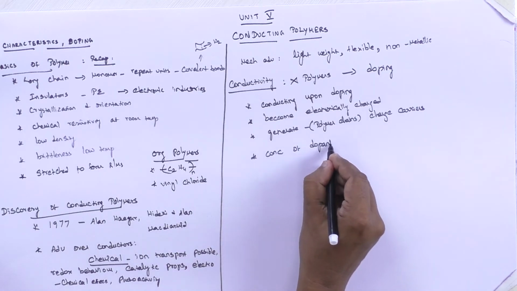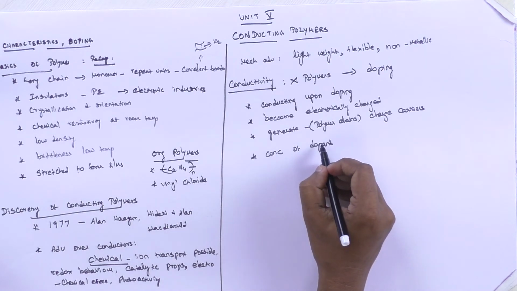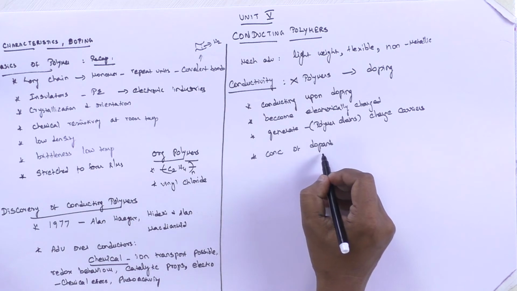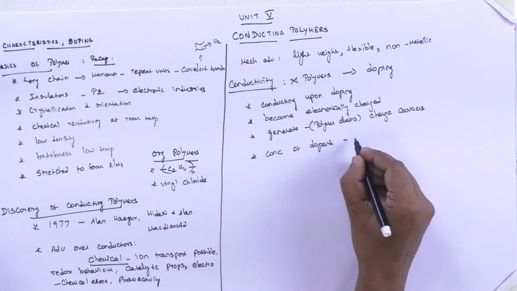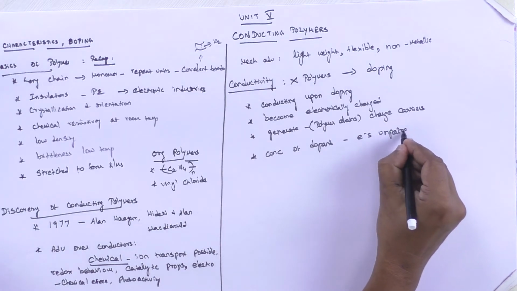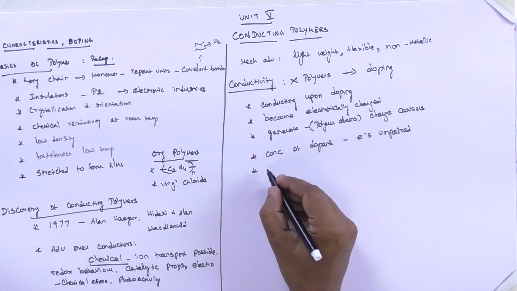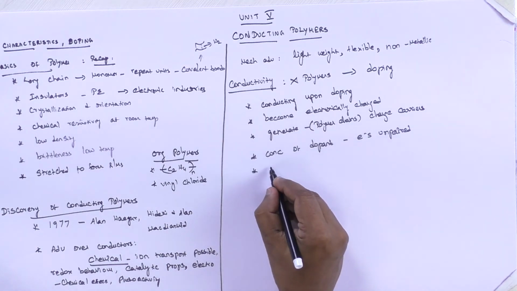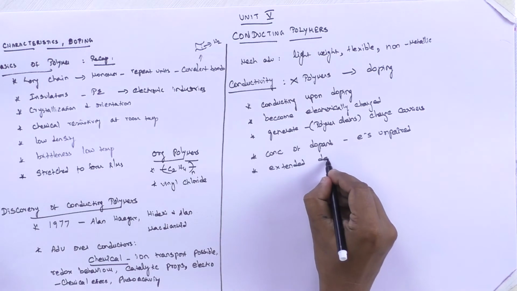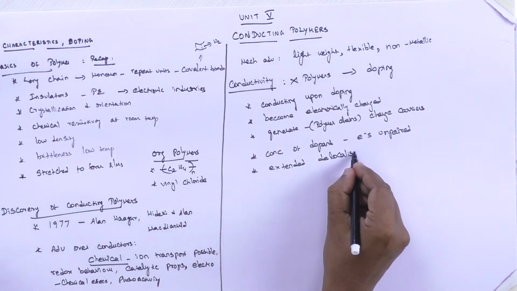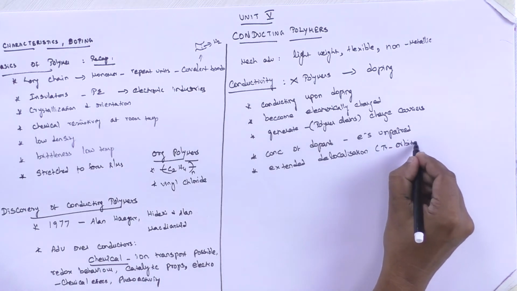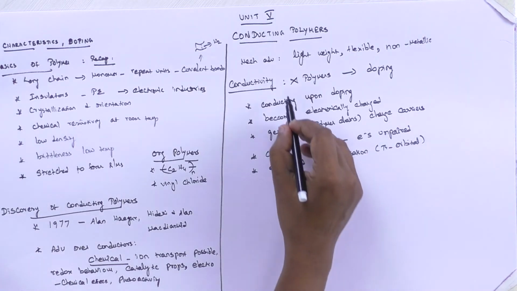Whatever dopant you are adding, how the polymer is formed depends on the concentration of the dopant. It makes certain electrons unpaired. And then they have an extended pi orbital system, or extended delocalization. So, these are the characteristics of conductivity.